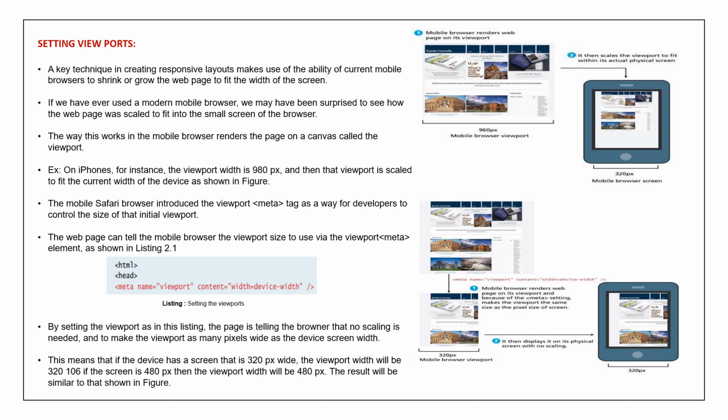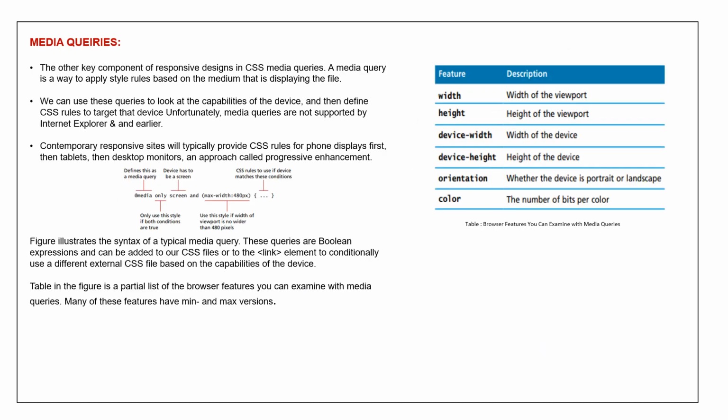This is 960px, the mobile browser viewport, and then it has been minimized to the mobile browser screen that is 320 pixels. Firstly, the mobile browser renders the web page on its viewport, and then it scales the viewport to fit the width of the actual physical screen. Media queries.